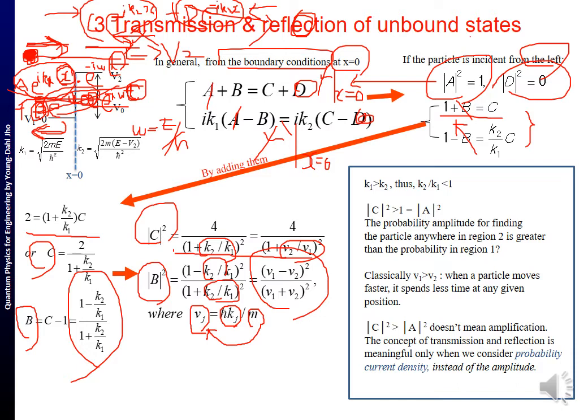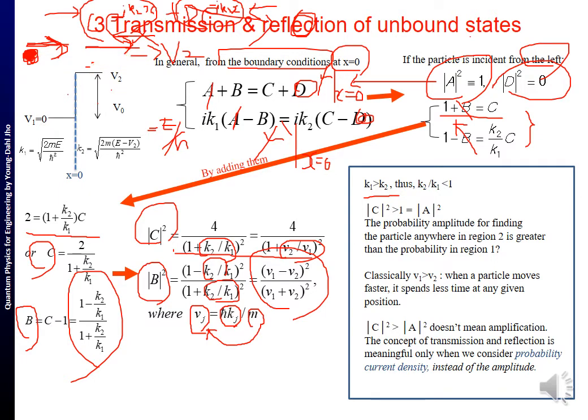So k1 is larger than k2, considering the potential shape. Thus k2 over k1 is smaller than 1. Then C squared is larger than 1, and A was said to be 1.